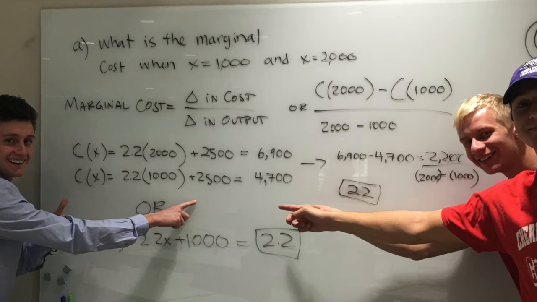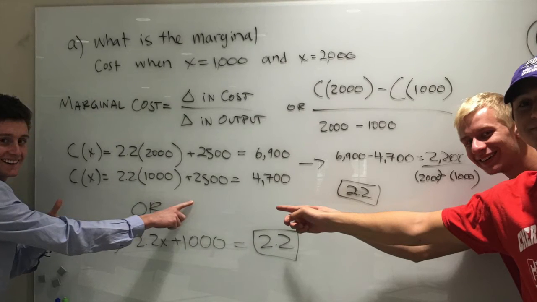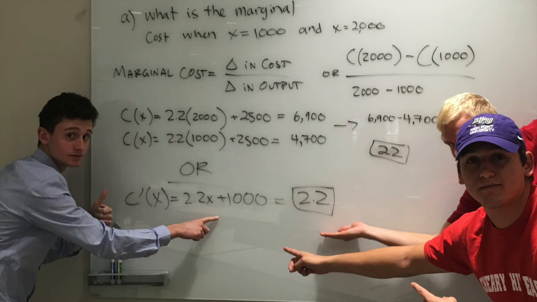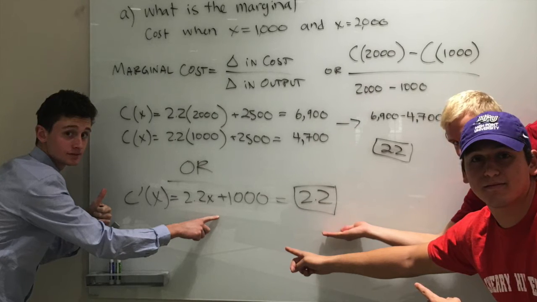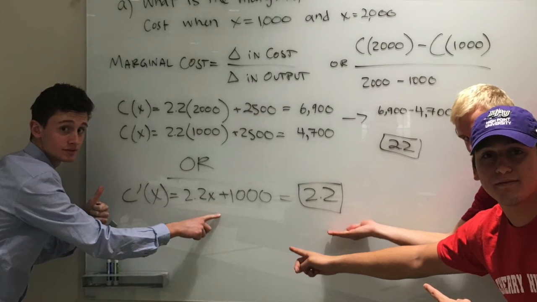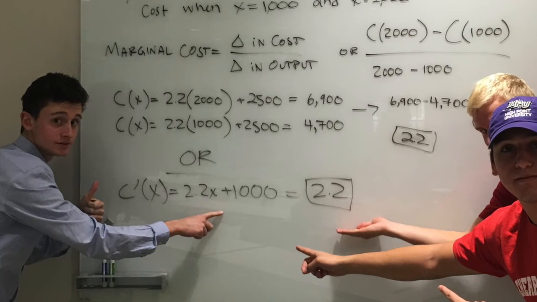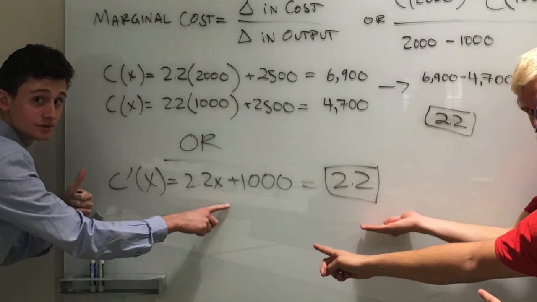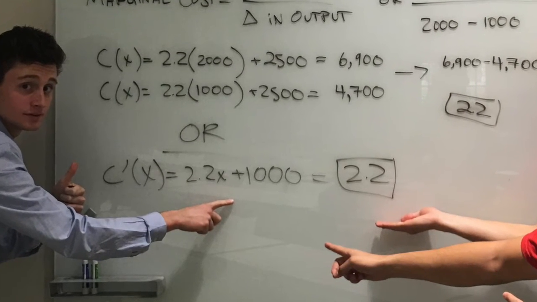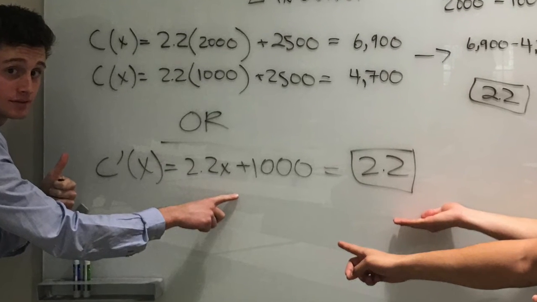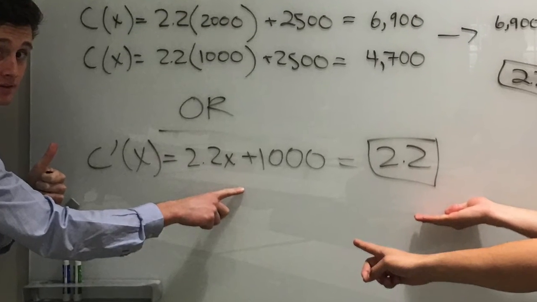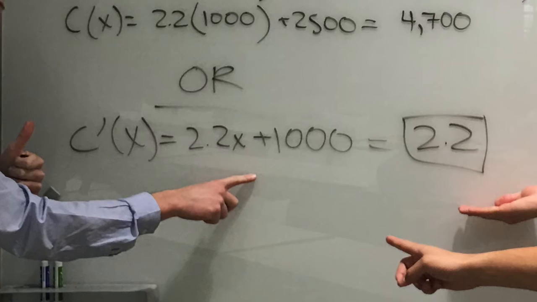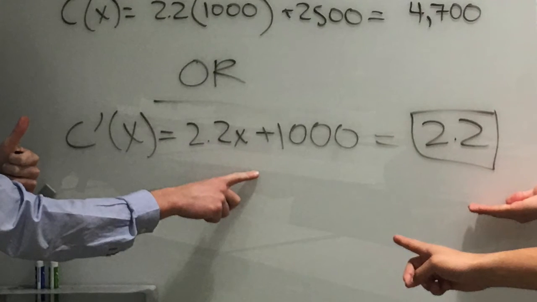So overall, we get 2,200 divided by 1,000, and our math shows that we got 2.2. And I had said before that the easier way to find this value is to also just take the derivative of the original function, which is 2.2. But we wanted to show you how that resulted, because the marginal cost is basically approximated by the rate of change of the function evaluated at a specific point. So it makes sense that you would just be able to take the derivative of the function.